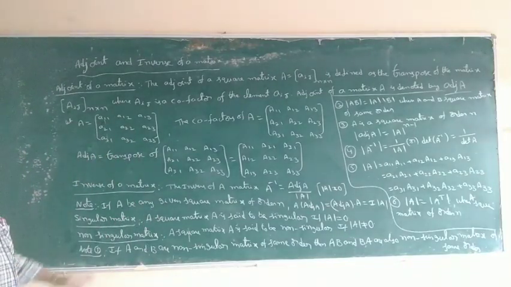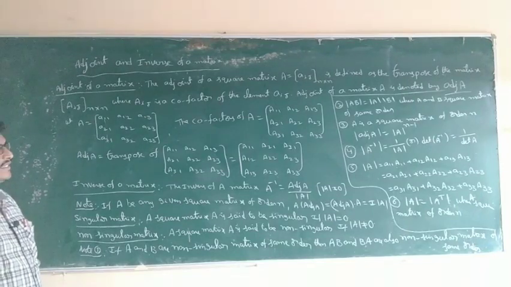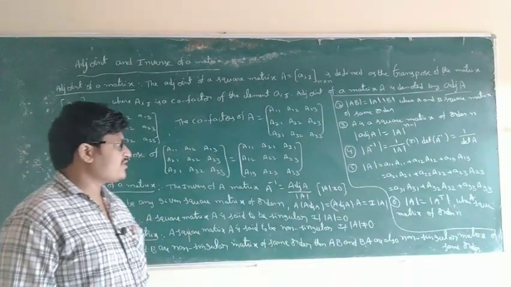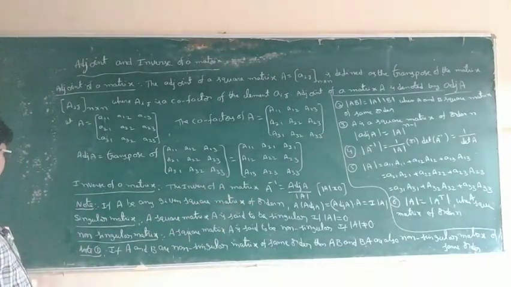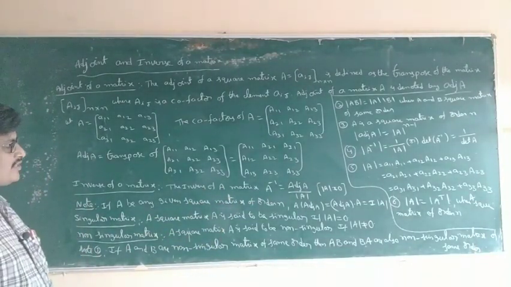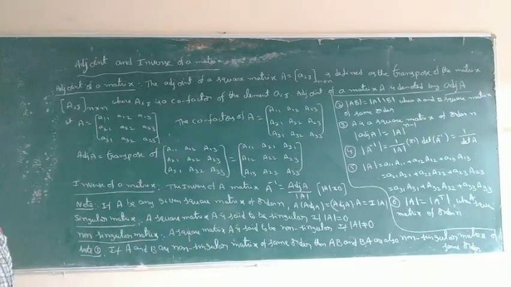Okay, so this is the adjoint and inverse of matrix A, and definitions and some more important points, and singular, non-singular definitions. This is okay. Next, go to the problems.